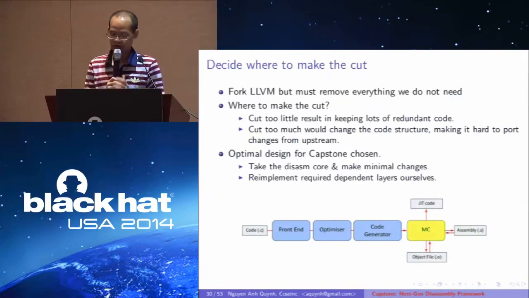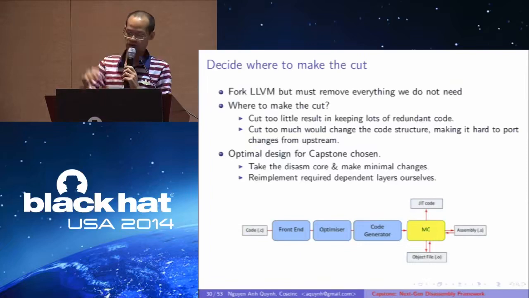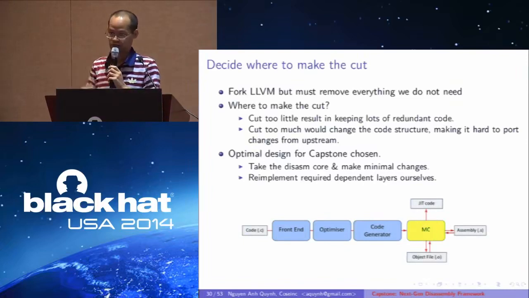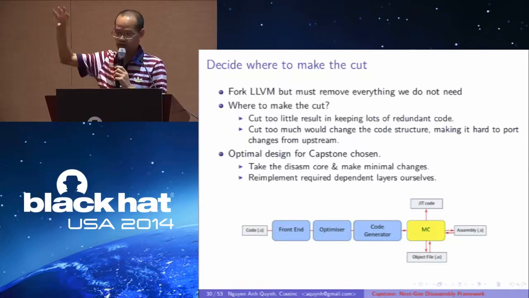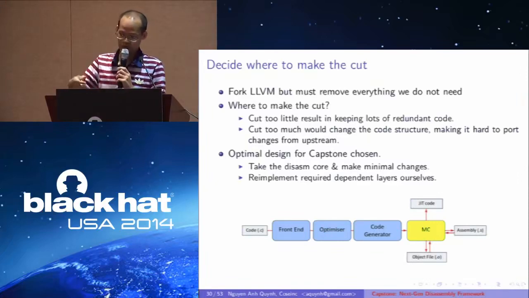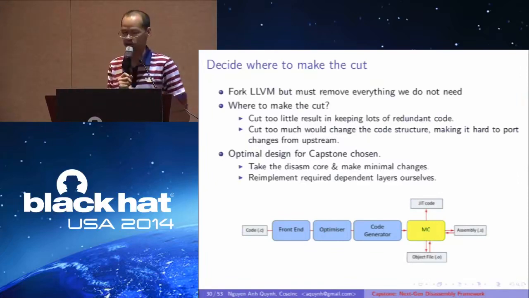If you cut too much, it would change the code structure, which makes it very hard to keep up to date with the upstream. Because if you change a lot, once the upstream LLVM changes, you need to port it back and you need to fix a lot of things. So you cannot cut too much, you cannot cut too little.